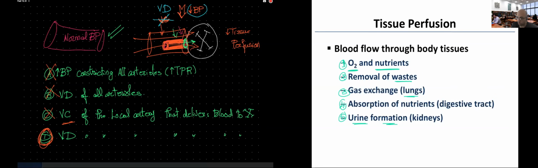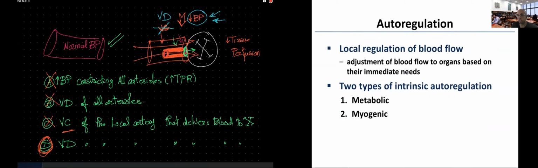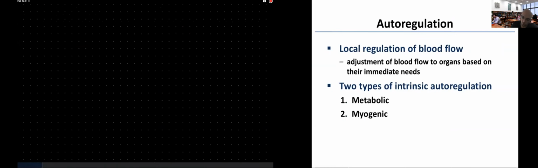So in order for you to regulate the amount of tissue perfusion, you're going to rely on a totally different regulatory system, which is autoregulation. Regardless of the blood pressure outside, I have another regulatory system located at the organ level. And we have two systems actually.